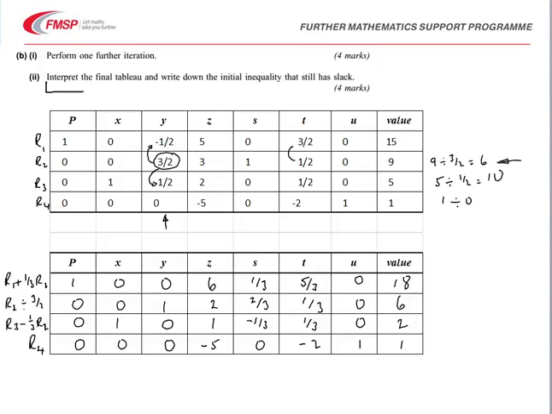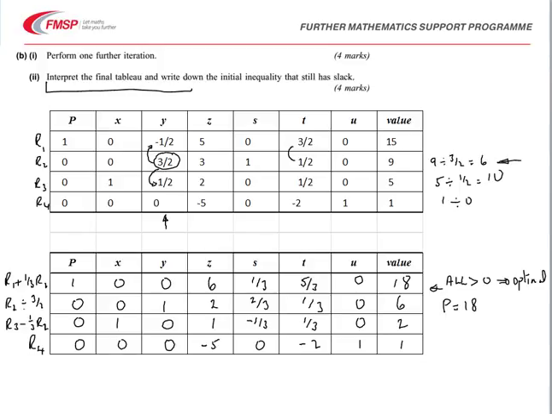It says we need to now interpret our tableau. Well, the first thing to note is that these are all positive. So these are all values which are greater than 0. So therefore we have an optimal solution where the value of P is equal to 18. It's in the top row. Now we need to look at each of these other rows.